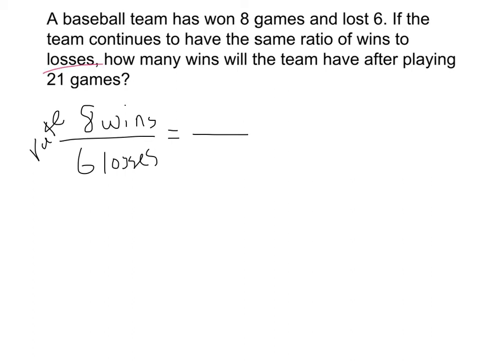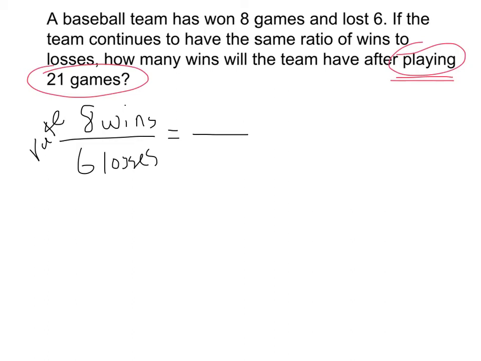In other words, 21 games played, and that's a different comparison than wins or losses. So this is exactly the kind of proportion problem where the idea of knowing 2 things on a side tells you the third thing is really important.